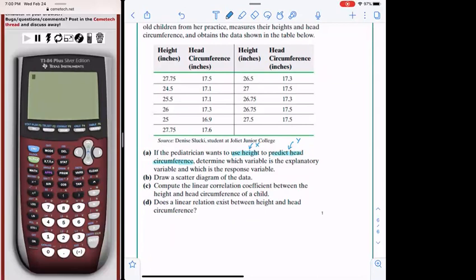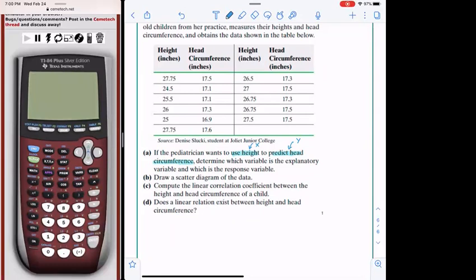What is another way to think about it? It's to think really logically. Could a person's height determine the person's head circumference, or would a person's head circumference determine the person's height? Would it be reasonable to say if I have a huge head, then I'll be really, really tall? Or would it be reasonable to say a taller person is likely to have a head that is a bit larger than a shorter person?